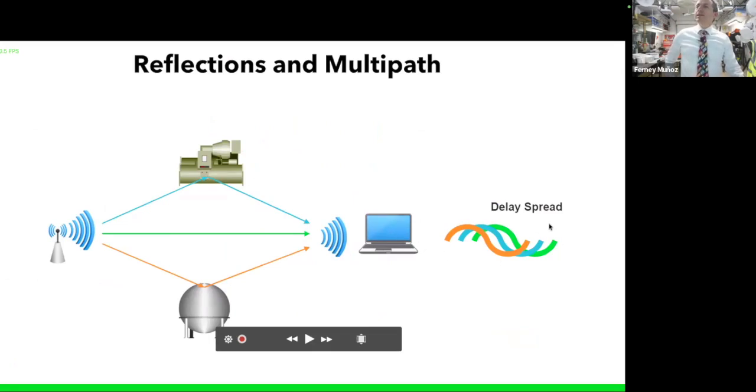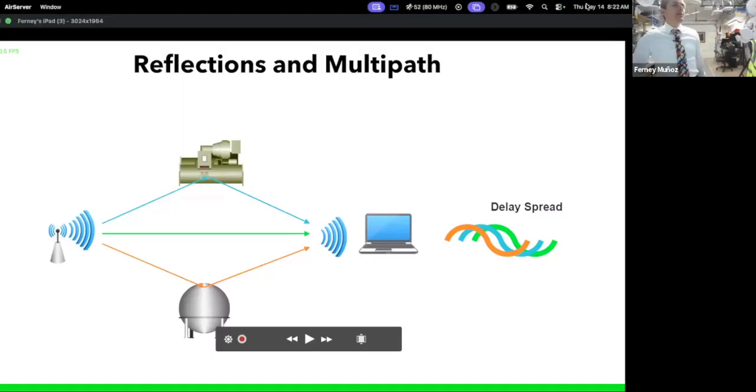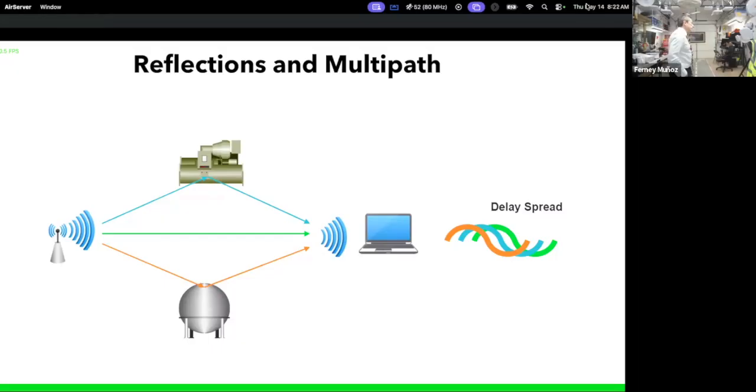That's what's called a delay spread. Now, for legacy devices, 802.11, 802.11a, 802.11b, 802.11g, multipath is a problem.